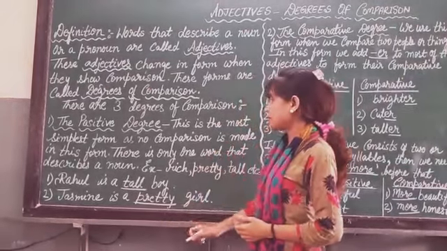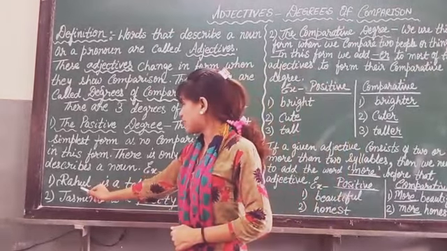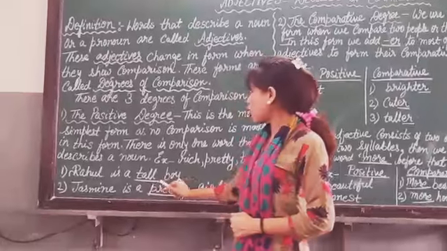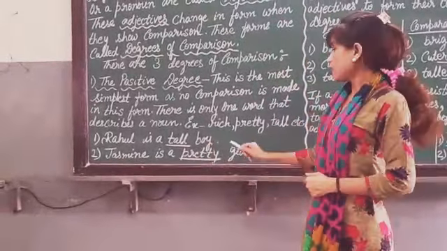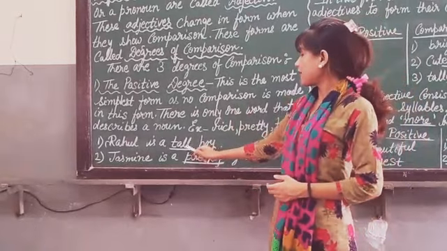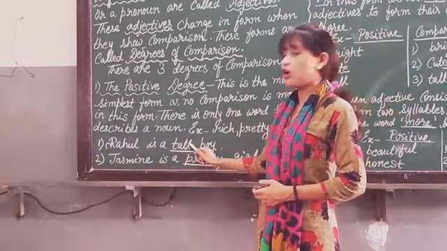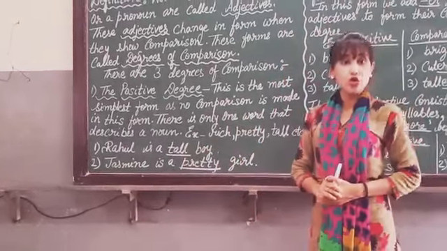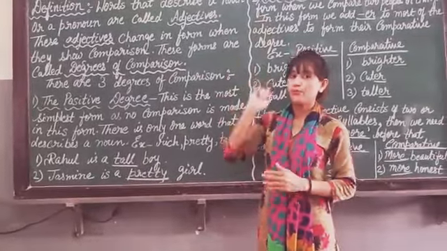I'll just give you an example. For example, Rahul is a tall boy. Here you have a common noun, boy. So which word is describing the boy? The word tall is describing the boy. It's showing that the boy is tall.